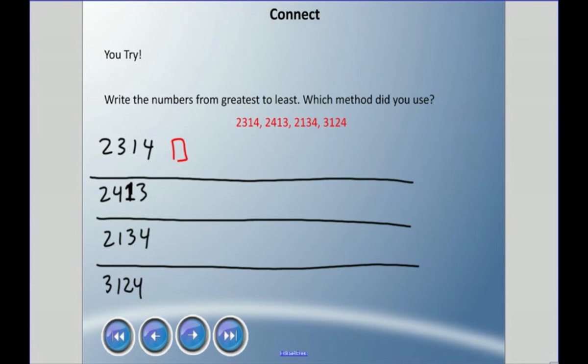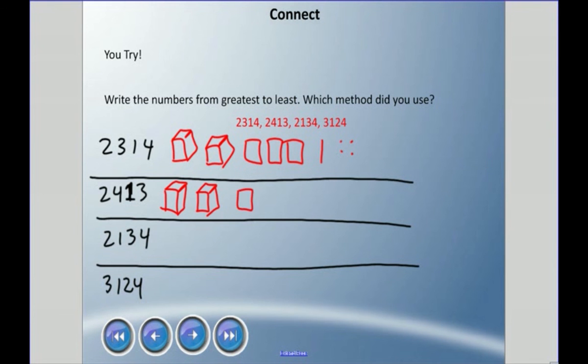So I had 2,000 blocks. I have 3 hundreds. I have 1 rod and then 4 ones. Then again I have 2 of these, and I have 4 of the flats. I have 1 and 3 ones.